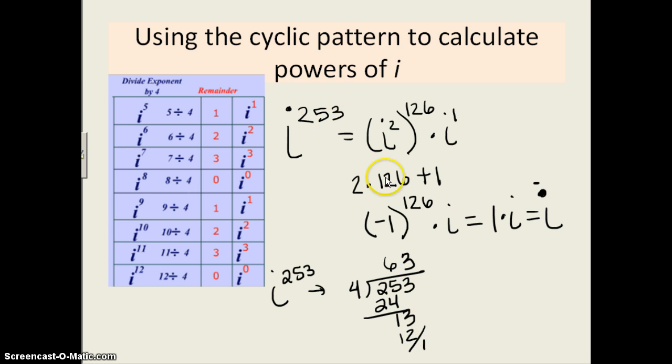And we have a remainder of 1. So again, it's not the 63 that matters. That just means it went in 63 full circles or full cycles. It's the remainder of 1 that matters. So our answer would be i to the first, or just i. And again, we can see that we get the same result.